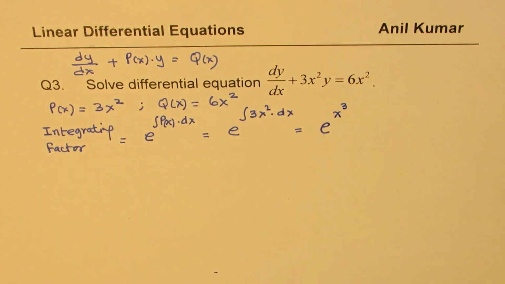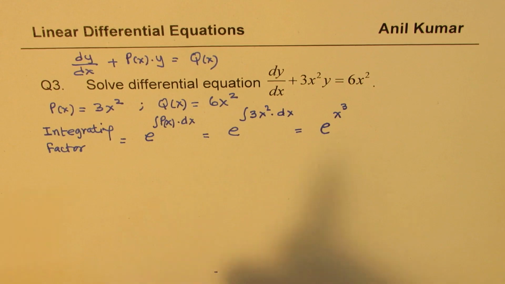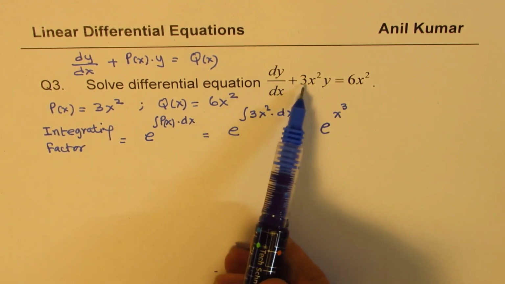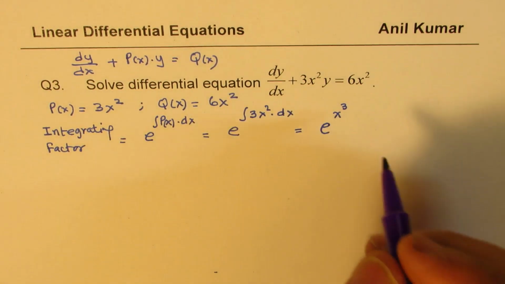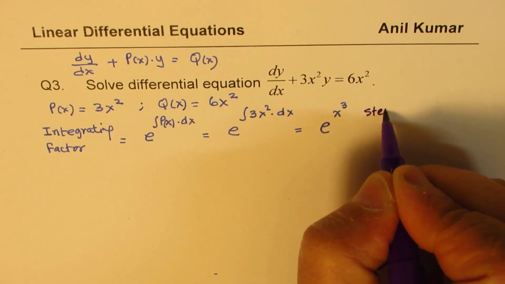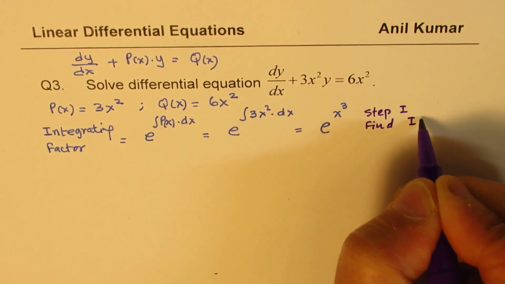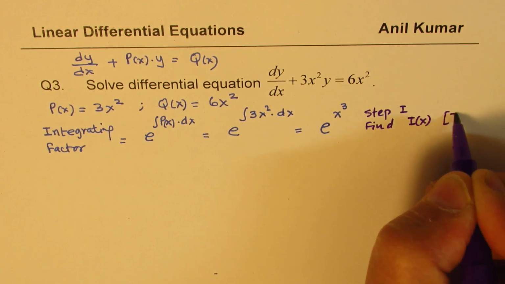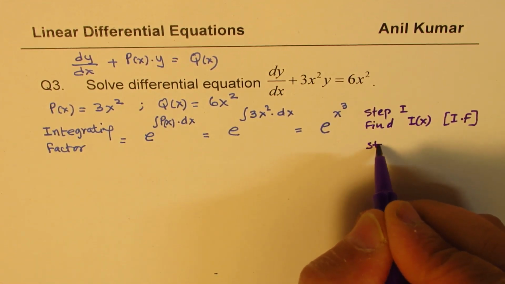So we get e to the power of x cubed as our integrating factor. Correct? Now once you have the integrating factor, you need to multiply all the terms with the integrating factor. So step 1 is to find the integrating factor I of x, or sometimes we'll be writing the integrating factor like this. Is it okay?